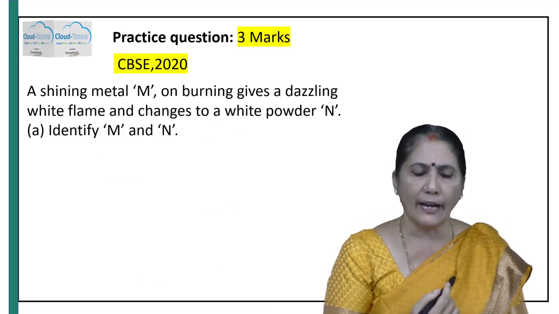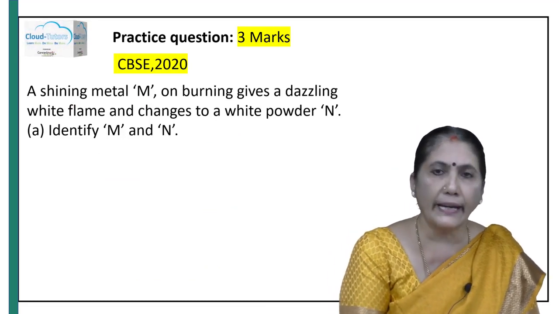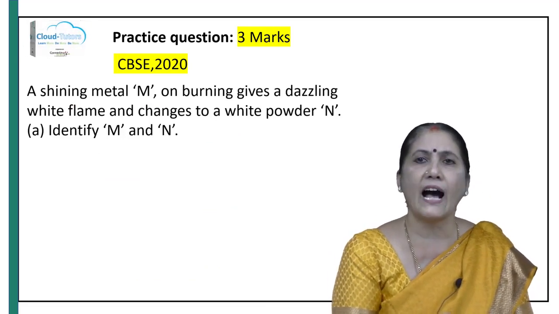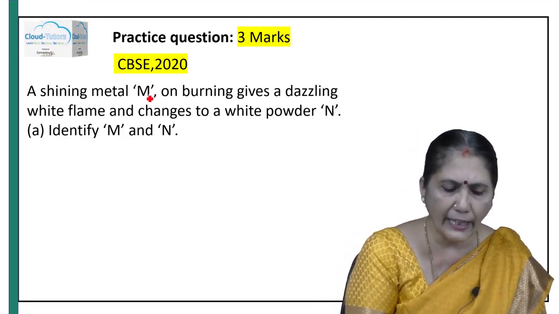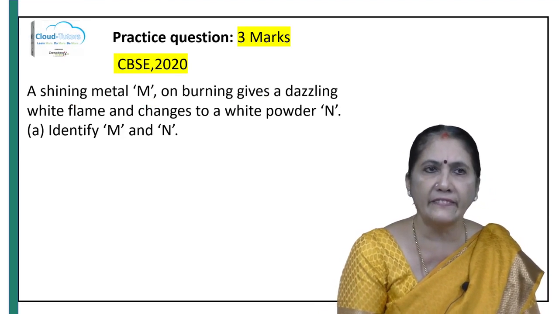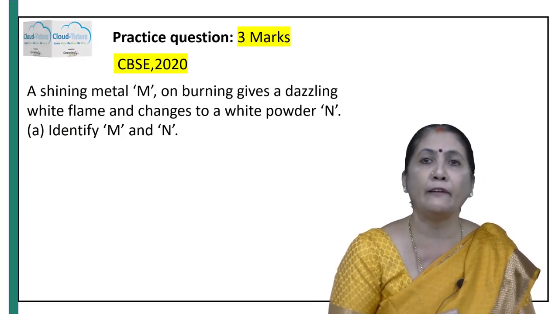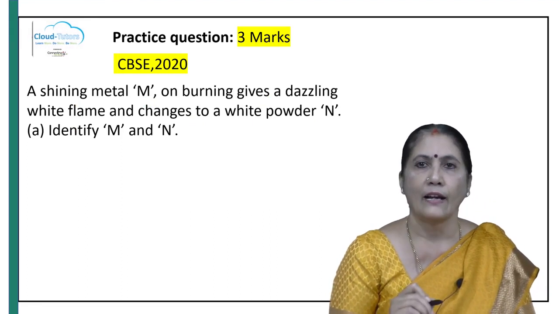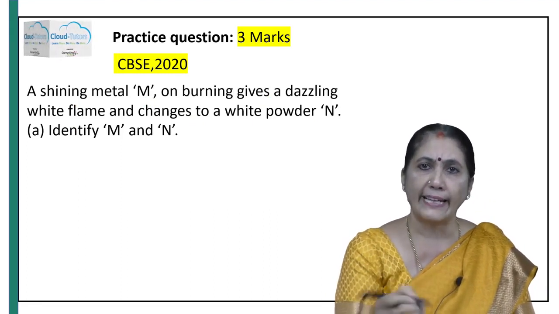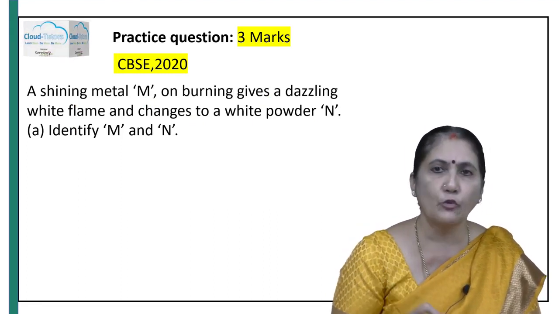Coming to the next 3-mark question. A shining metal M, which has been asked in CBSE 2020. A shining metal M on burning gives a dazzling white flame and changes to a white powder N. Identify M as well as N. That will fetch you 1 mark.